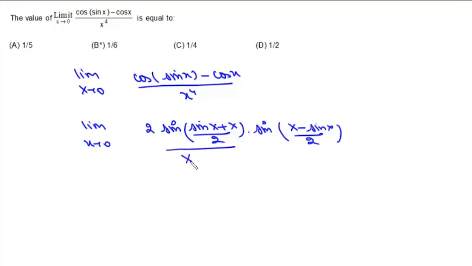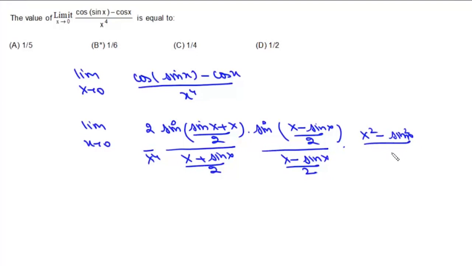Now what we'll do is, since it is sin 0 and sin 0, we'll multiply and divide it with (x plus sin x) by 2 and (x minus sin x) by 2. We have this x to the power 4, and here will be this x square minus sin square x, whole divided by 4.